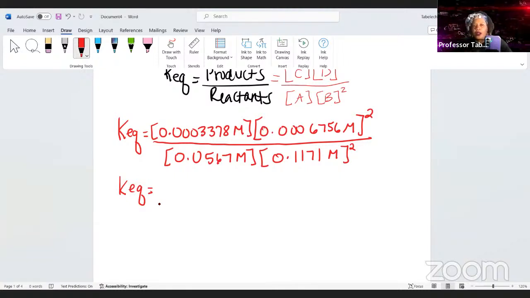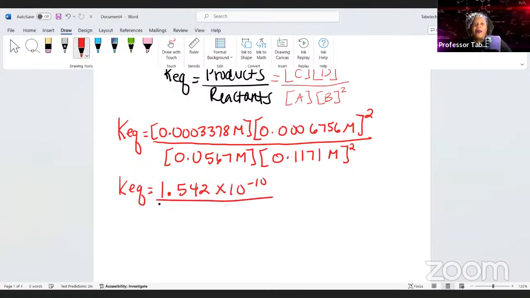I'm going to square that before we go any further, times 0.0003378. Okay, so I'm going to write that top number in. That top number needs 4 significant digits. So the top is 1.542 times 10 to the negative 10th power.